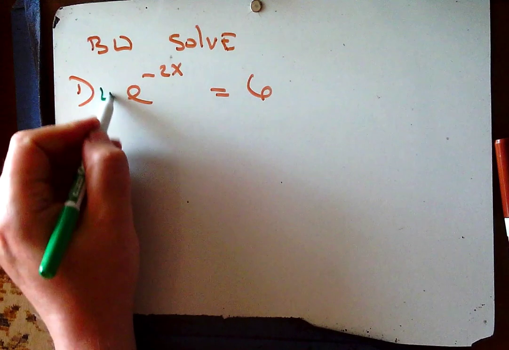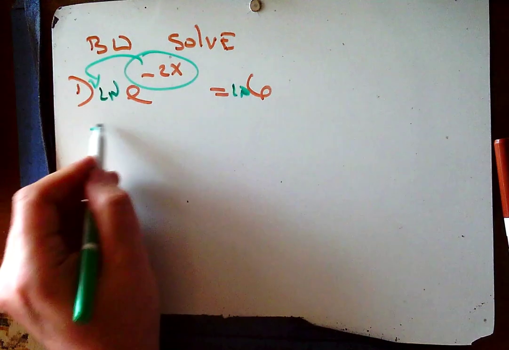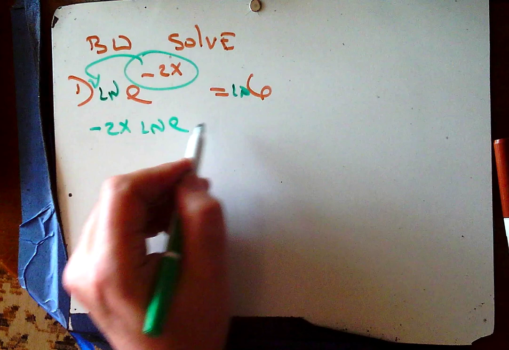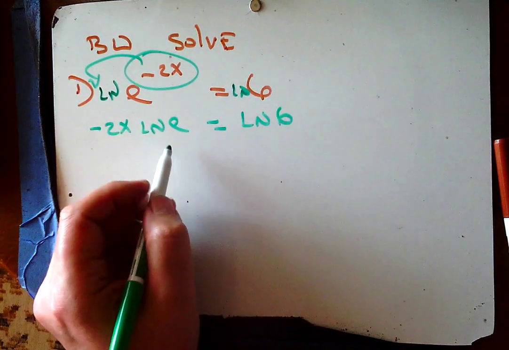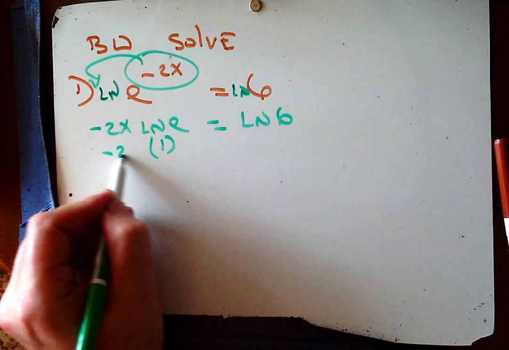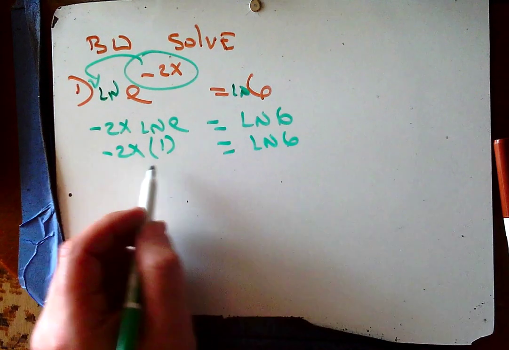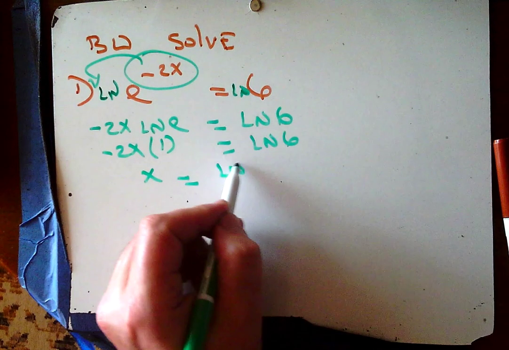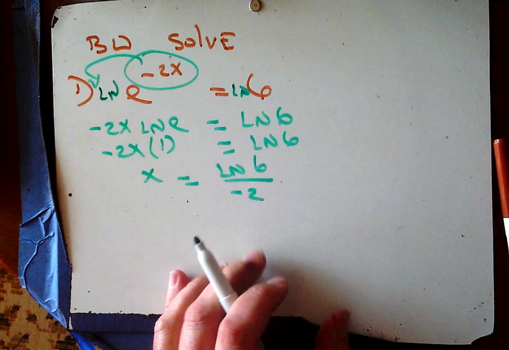Did you take the ln of both sides and then bring down the minus 2x? Ln of e is 1. And so if we divide both sides by negative 2, we get ln of 6 divided by negative 2. There's our exact answer.